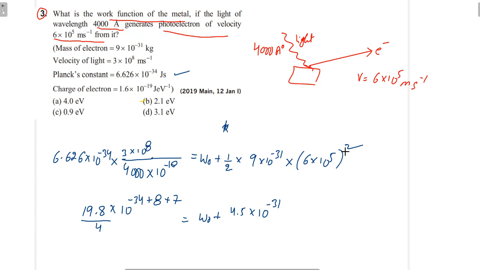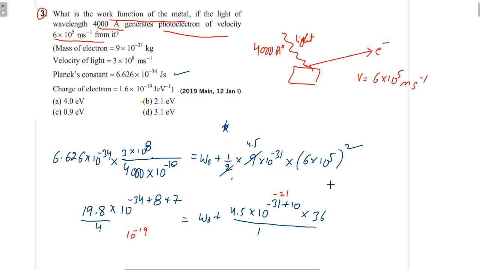This 10 power 5 square means plus 10. 6 square means 36, divided by nothing, here 1 only, because 2 ones are 2, and 4.5 I did here. Then this 10 power becomes 7 plus 7, 14, plus 1 is 15. 15 means here 10 power minus 19, and here 10 power minus 21.